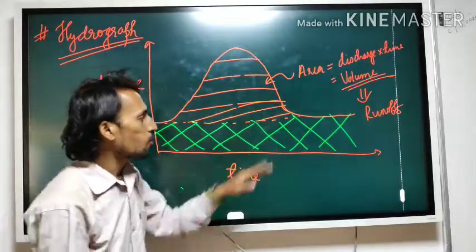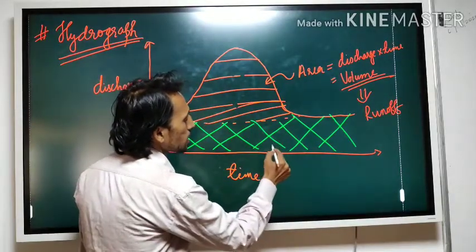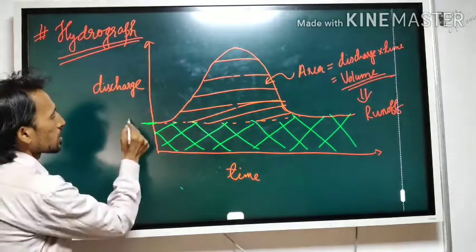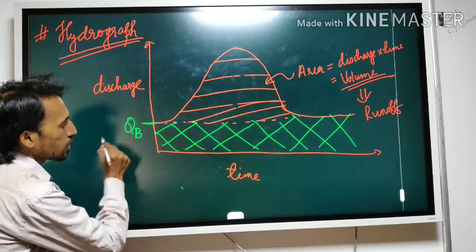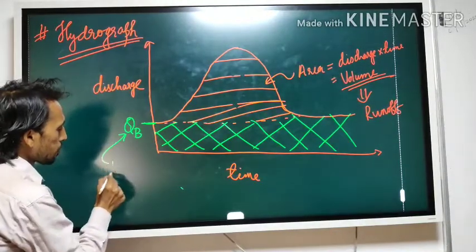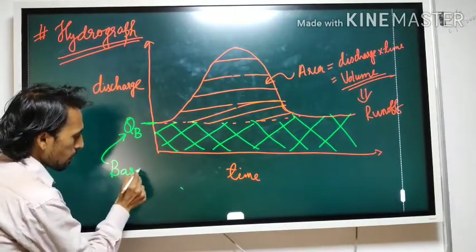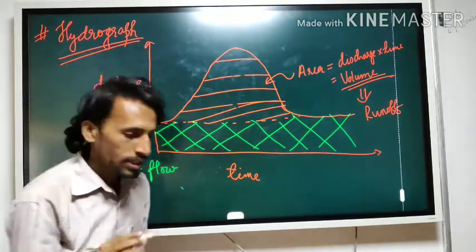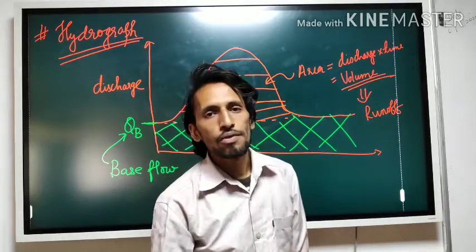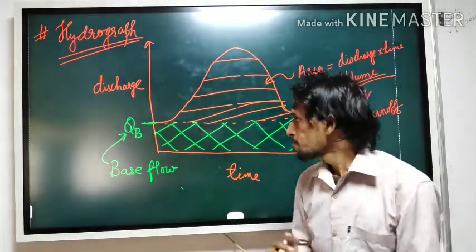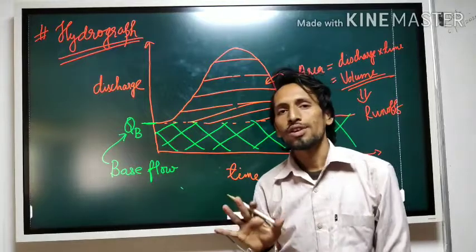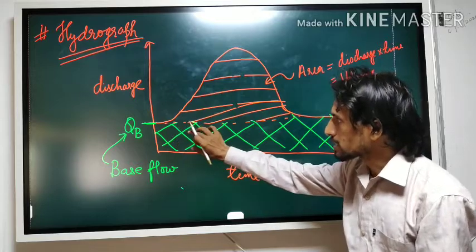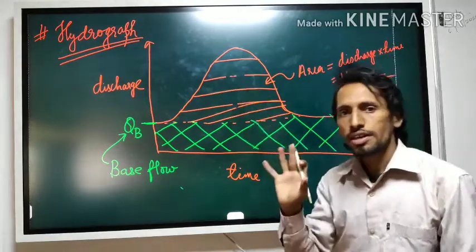This amount of discharge is called QB, and it is called base flow. This is the base flow of the river, which is usually a constant value for a particular season. हर सीजन में ये base flow की वैल्यू एक फिक्स होती है. So this is your base flow, and this much area is your runoff.